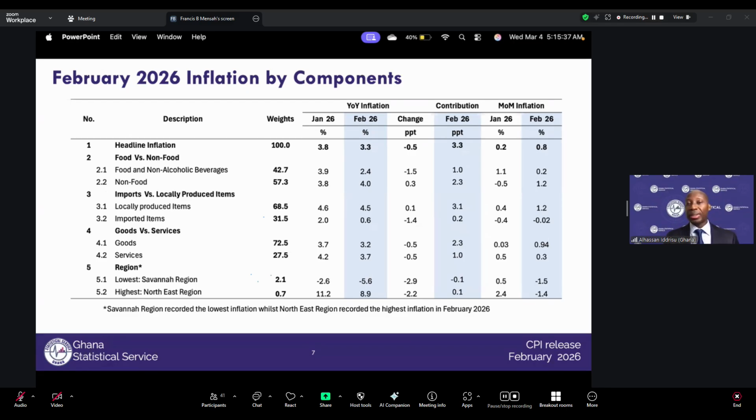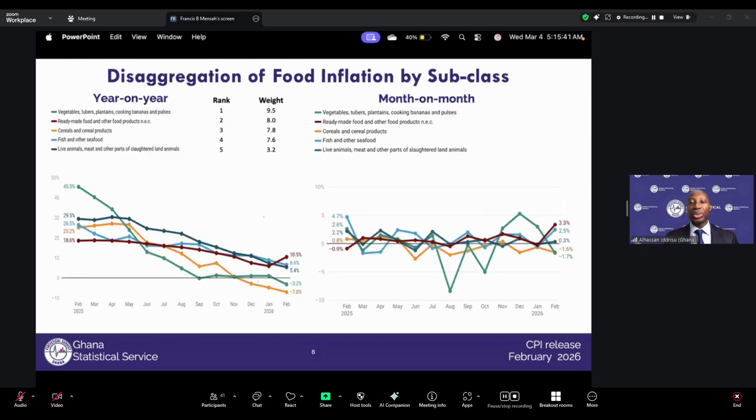Now, the data shows that except ready-made food and other food products, whose year-on-year inflation increased between January 2026 and February 2026, all other subclasses under food, namely vegetables, tubers, plantains, and cooking bananas, cereals and cereal products, fish and other seafood, and live animals, meat, and other parts of slaughtered land animals, all witnessed declining inflation.